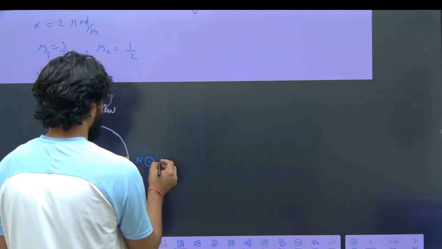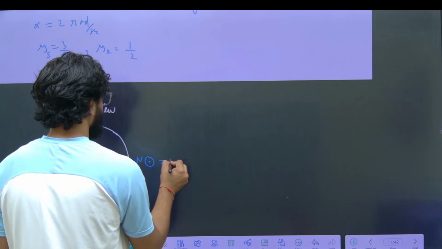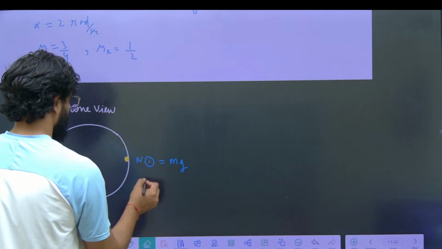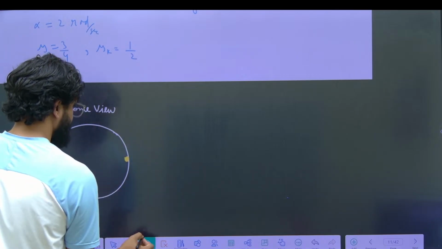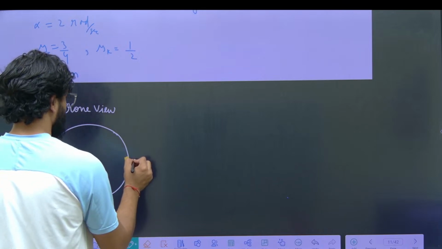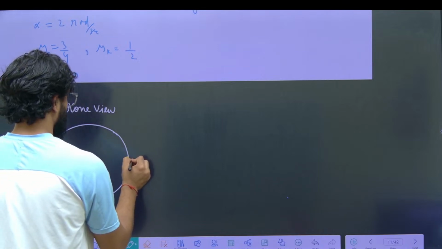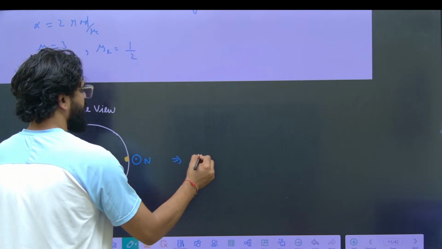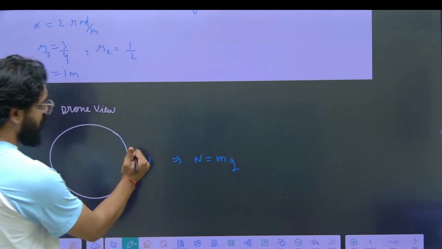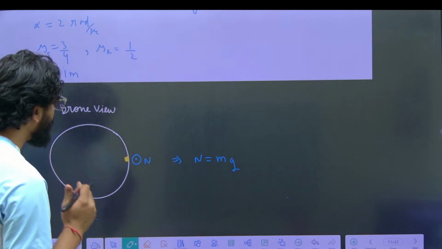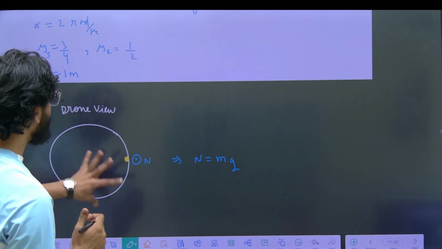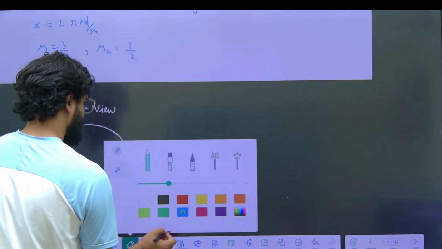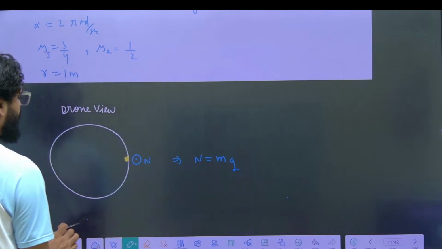Yes, and its value will be mg, correct. N is coming out, and N can be written as mg. It is coming out of the plane, okay, where friction will be applied.